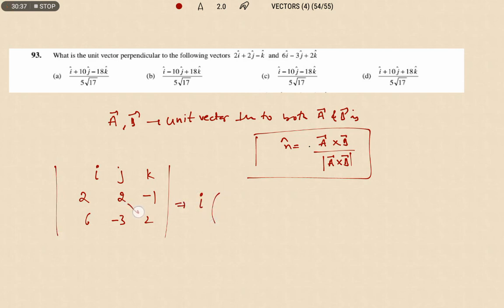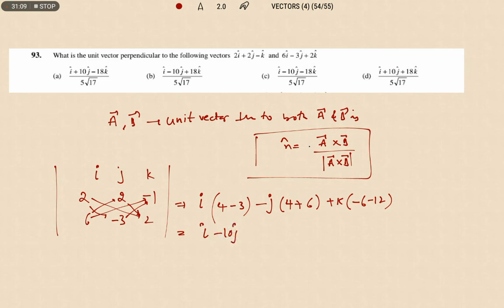So i times (2 into 2, 4, minus minus 3 into minus 1, plus 3) is minus 3 minus j times (2 into 2, 4, minus 6 into minus 1, plus 6) plus k times (2 into minus 3 minus 6), so minus 12. So i minus 10j minus 18k. So this is a bar cross b bar.